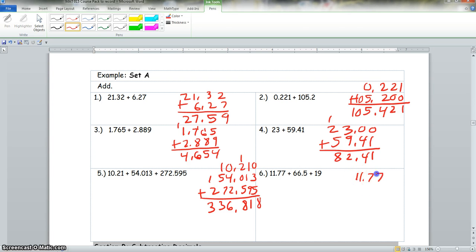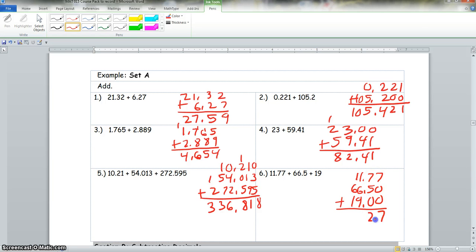Now we go here to number 6. We have 11.77. We have 66.5. And finally, we have 19. Now, we know what that 19 is, 19.00. And we add a 0 here with the 50. So 7 plus 0 plus 0 is 7. 7 plus 5 is 12.